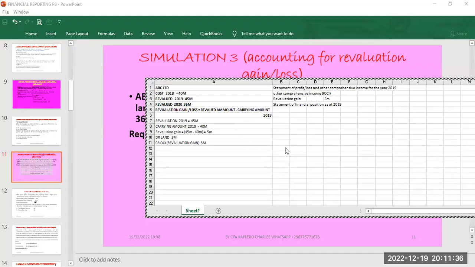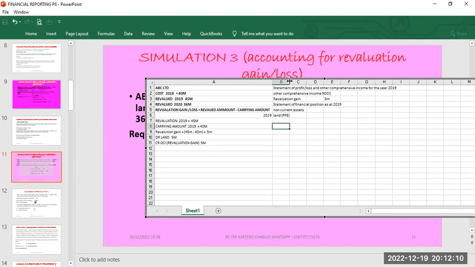We said we are going to be taking the valued amount under non-current assets, and we put our land, or we can put PPE, because this is the general name that was given to these non-current assets that are used in business.